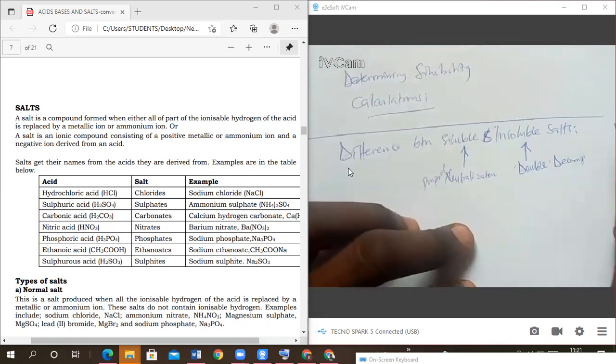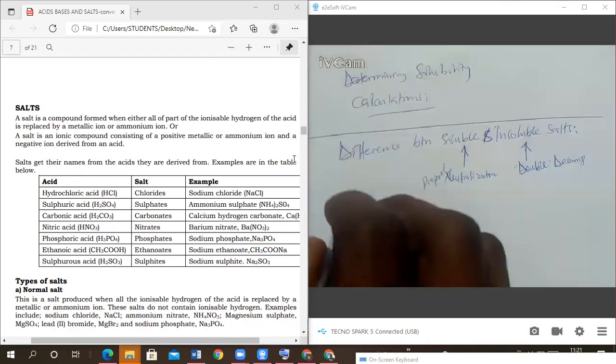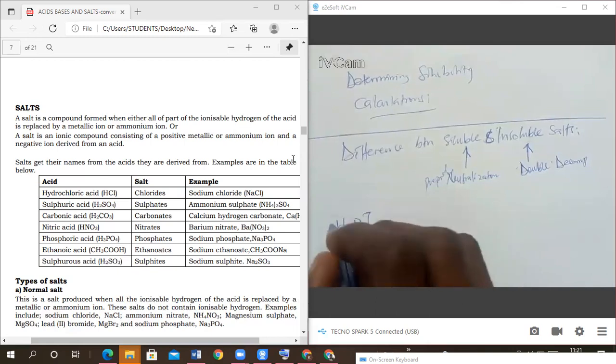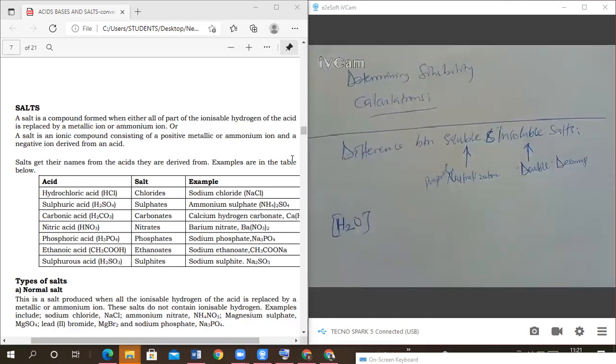Now, in relation to a solvent and a solute, let's take an example, the most common solvent used is water, isn't it? Yes, the most common solvent is water.